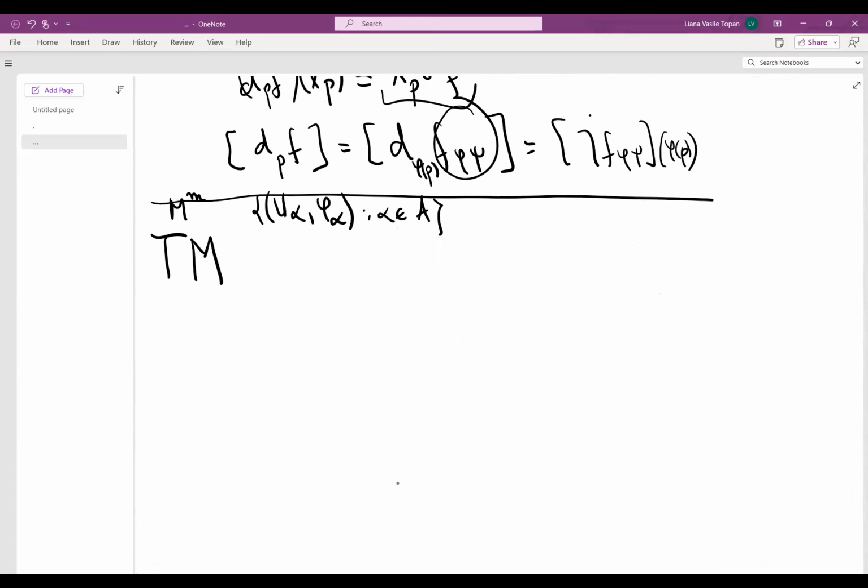And then the tangent bundle was simply a disjoint union of all the tangent spaces at any point to the manifold M. So here you will have all tangent vectors. Fix it at the point P to show this disjoint union.